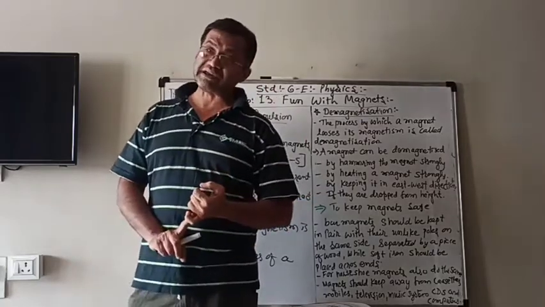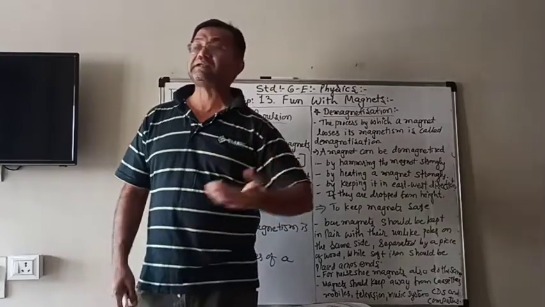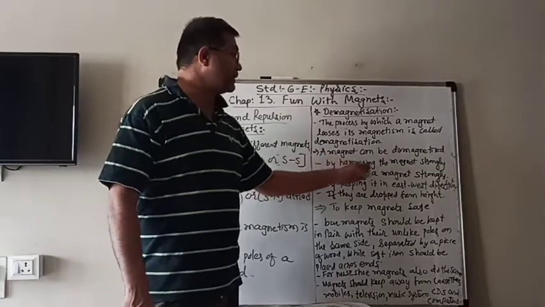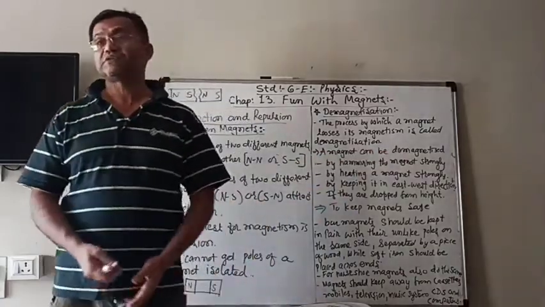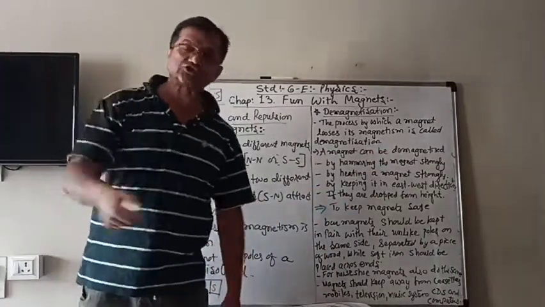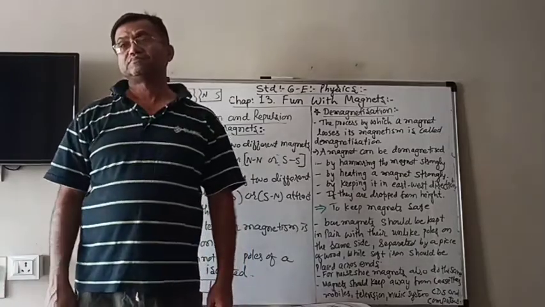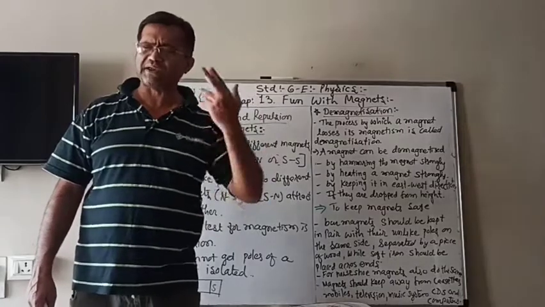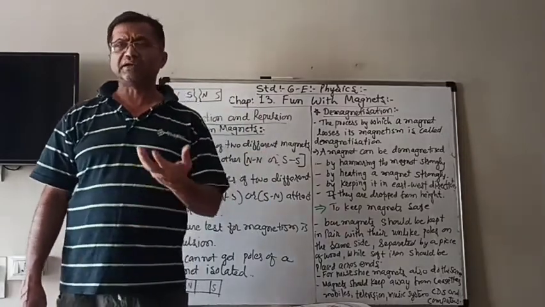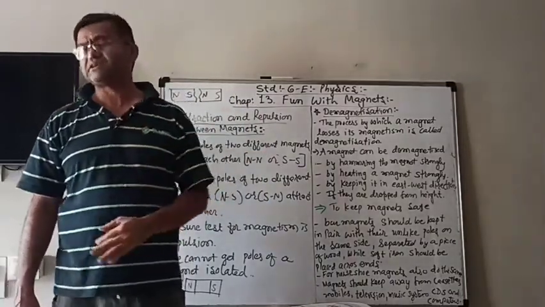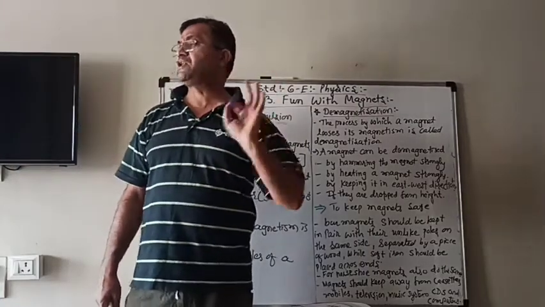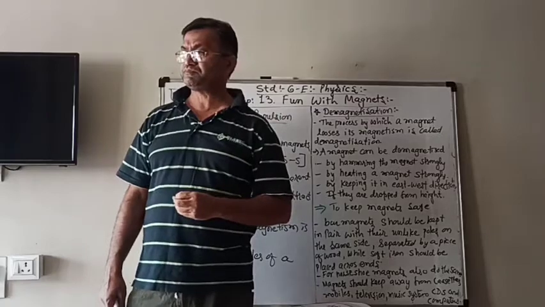By which methods can they get demagnetized? One is by hammering the magnet strongly. If you hammer them very strongly, if you hit them so many times, then it will lose the magnetism. First it can get weak, and then it can lose the power of magnetism.